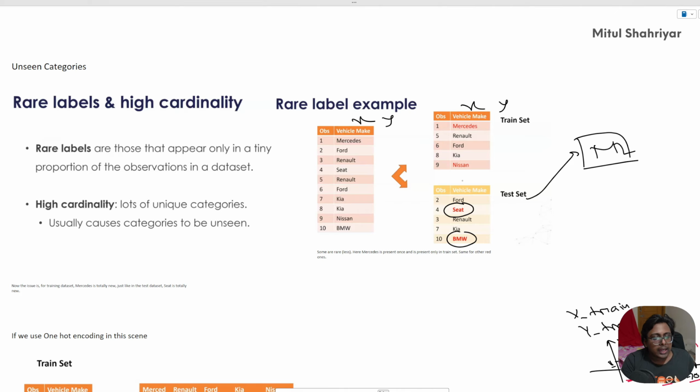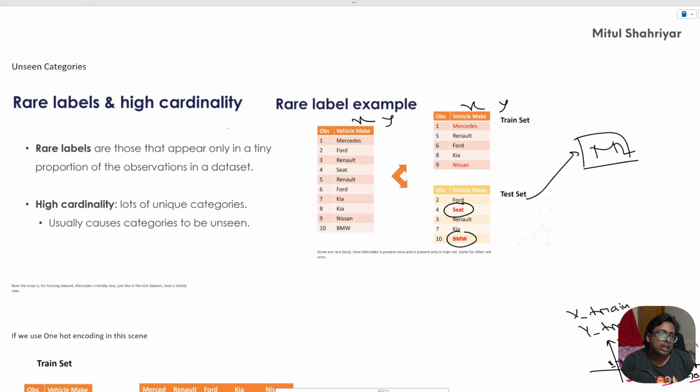Okay. And obviously, for this test data set, there is no Mercedes and Nissan here. But it's not an issue for the test data set, because, okay, if I have learned thousands of questions and there are only 2 questions, there is no problem. But the problem arrives if this is totally out of syllabus, right? That's how the situation is.